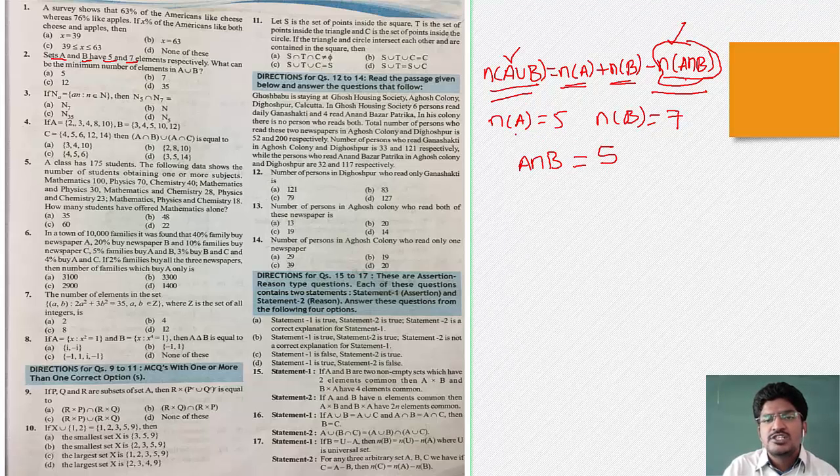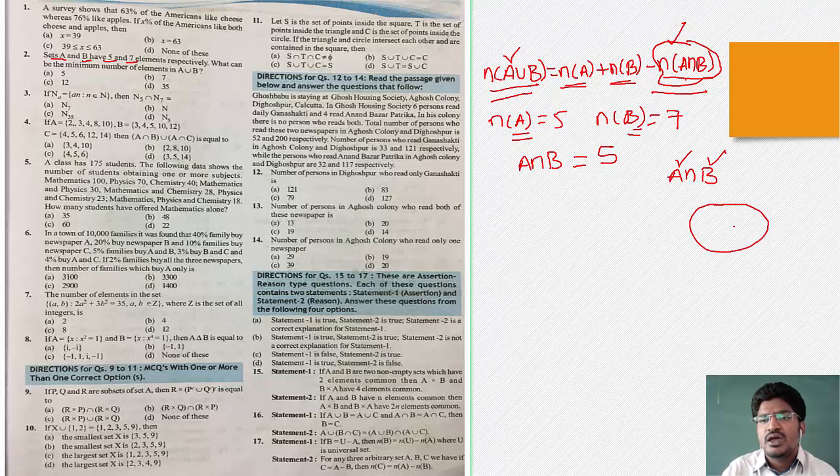Why? Because the smallest set is A, the largest set is B. So whenever you make an intersection between the smallest set and the largest set, see, A is smaller, B is larger. That means this is B, this is A. Okay. So when you make the intersection, you will get this particular region as the intersection of B and A. Clear?